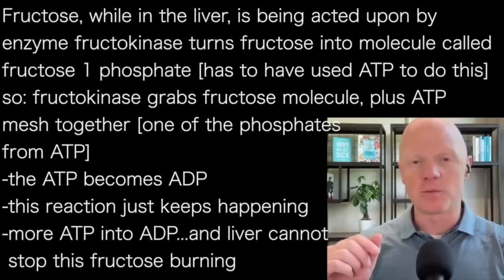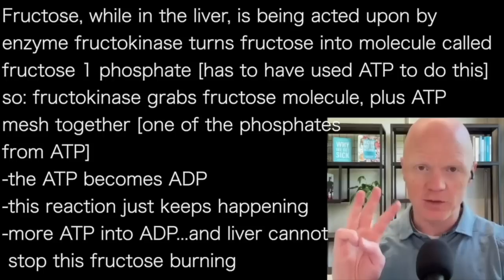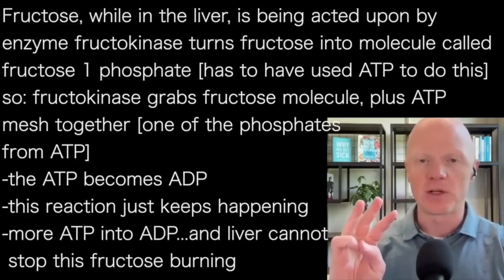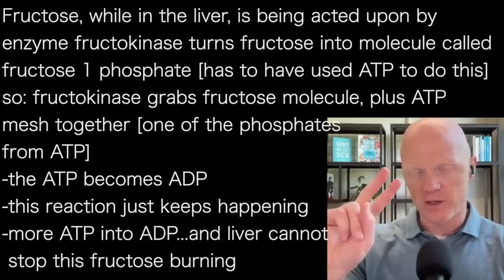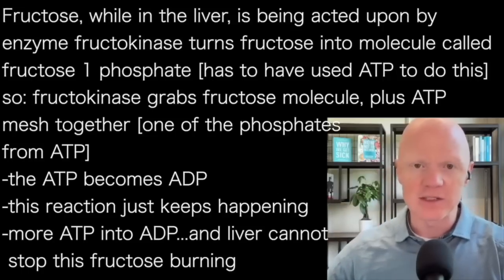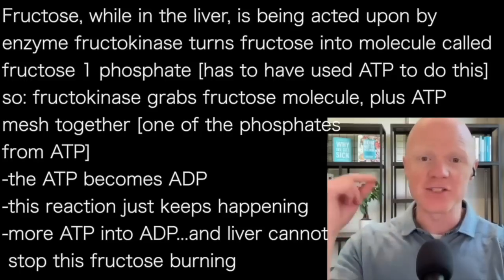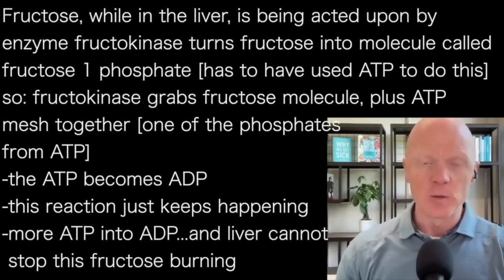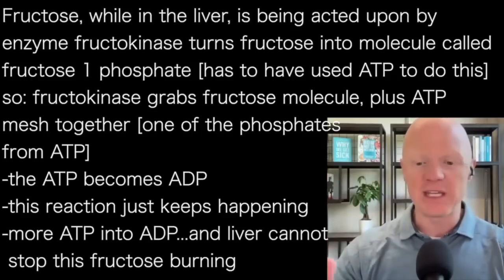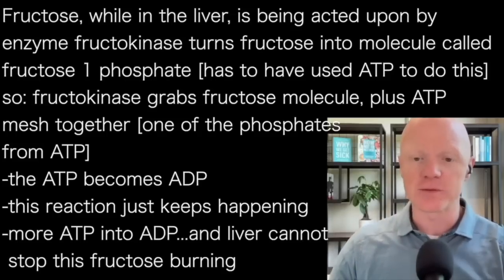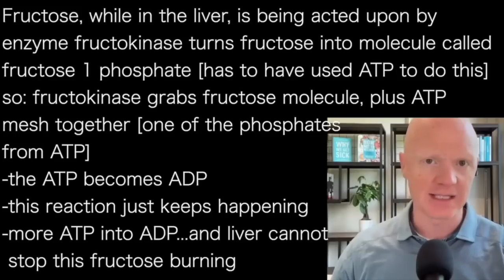But that means that what was an ATP with 3 phosphates, adenosine triphosphate, has become broken down, having lost 1 phosphate, and now it's adenosine diphosphate, ADP. And this reaction just keeps happening. We keep breaking down ATP just to handle the fructose load because we're metabolizing so much fructose, and essentially the liver can't stop.